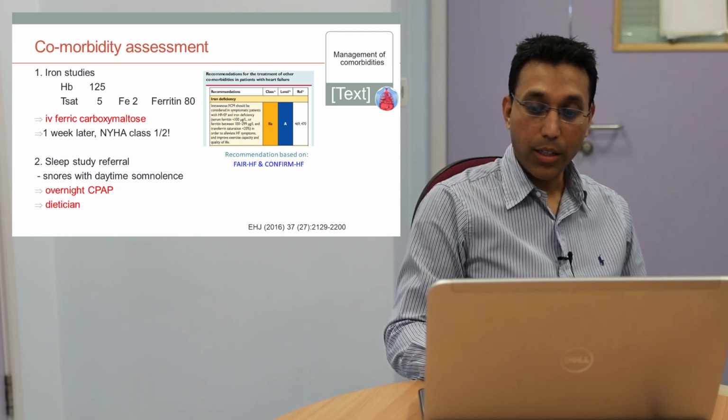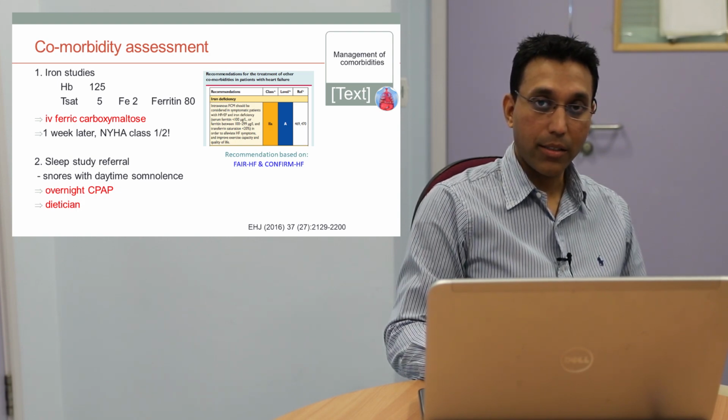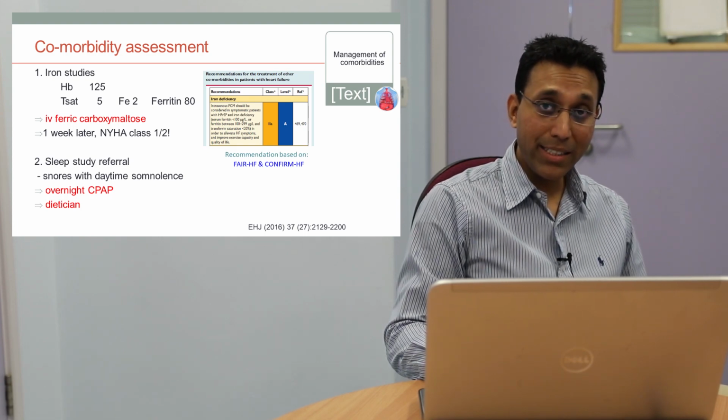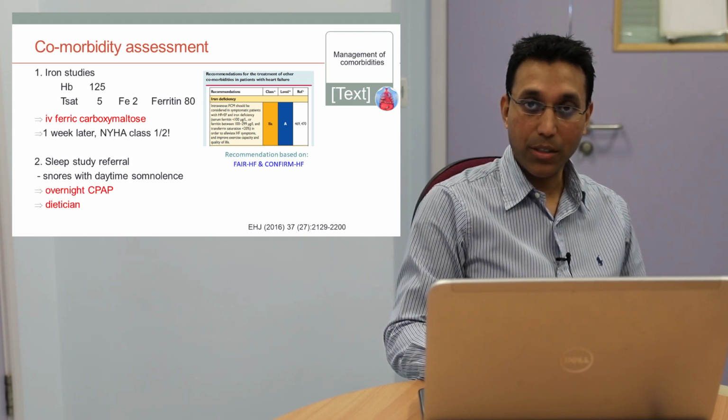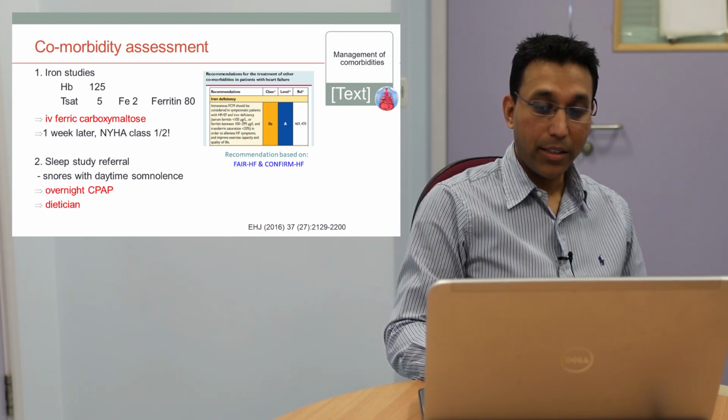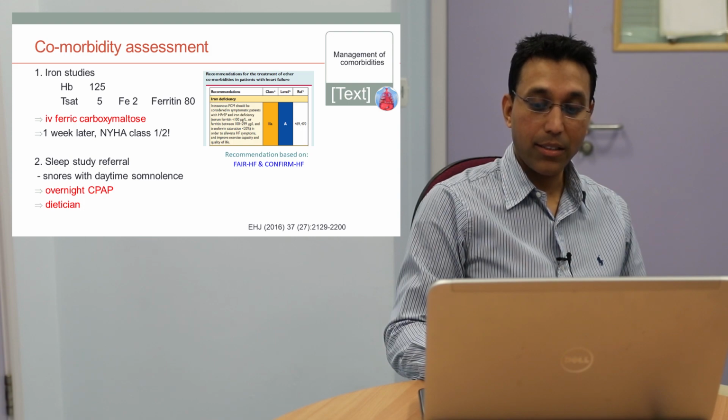It must be noted that oral iron is not appropriate in this context as it's poorly absorbed and poorly tolerated. Amazingly, she was in NYHA Class 1 to 2 category only a week later. She was also referred to the sleep clinic as she had symptoms of obstructive sleep apnea, and subsequently was started on overnight CPAP therapy and also referred to a weight loss program.